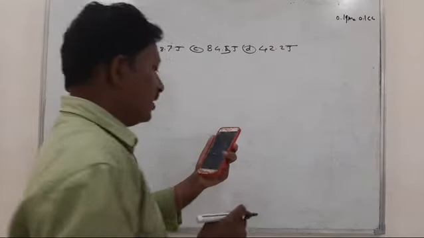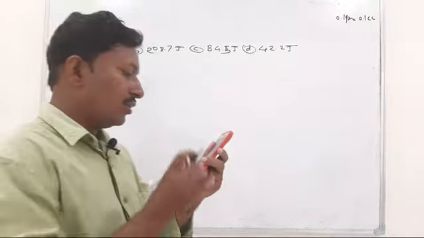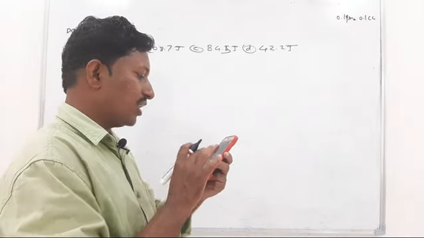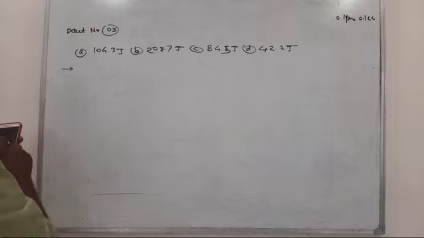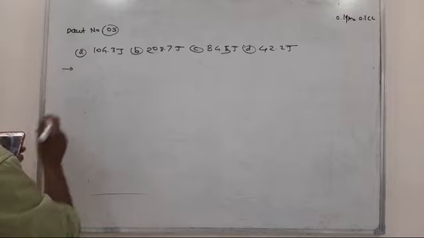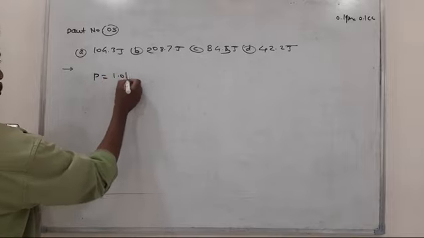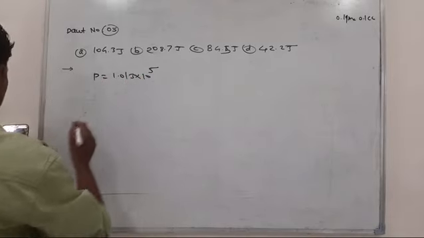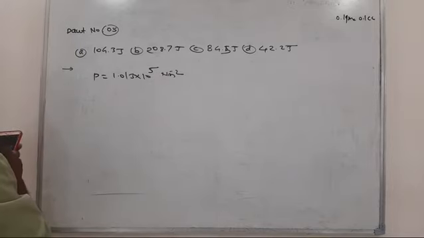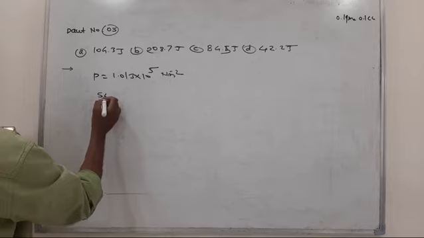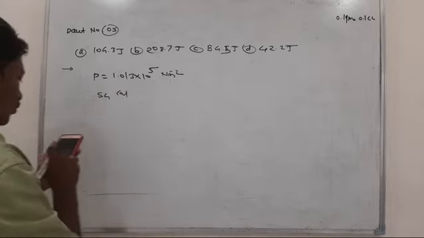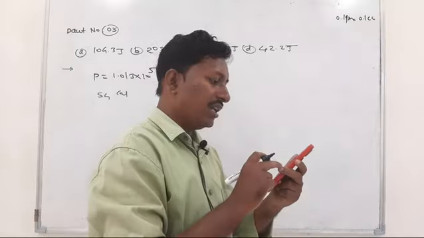Look at what the doubt is. A sample of 0.1 gram of water at 100 degrees Celsius and normal pressure, that is P is given, 1.013 into 10 raised to 5 Newton per meter square, right student? It requires 54 calorie of heat energy to convert to steam at 100 degrees Celsius.